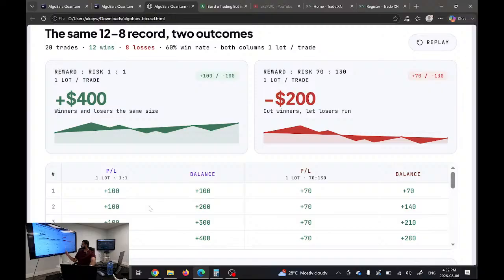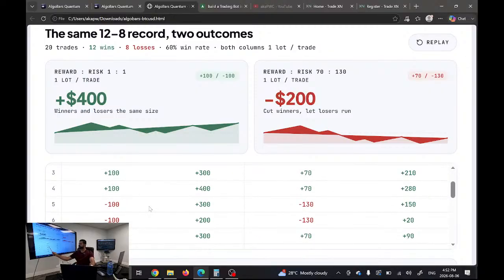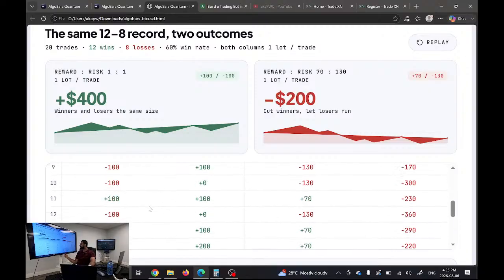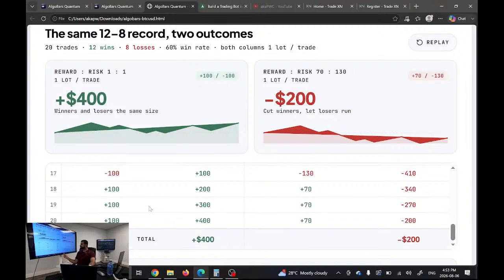When I lose a trade, I lose 100, but you lose 130, because the spread, commission and all those fees stack up on your loss. At the end of 20 trades, I've made $400. Same strategy, same trades, but you've actually lost $200, because of the fees.